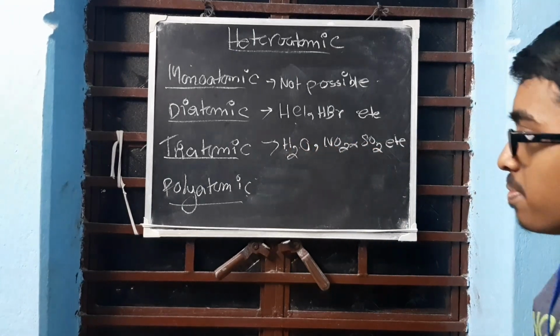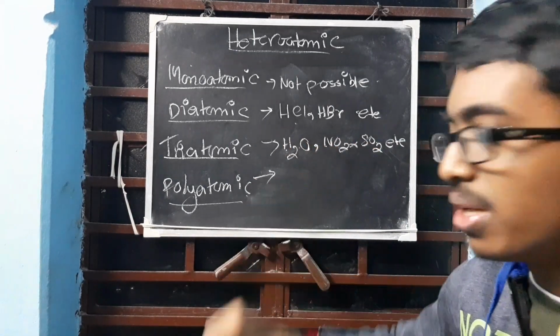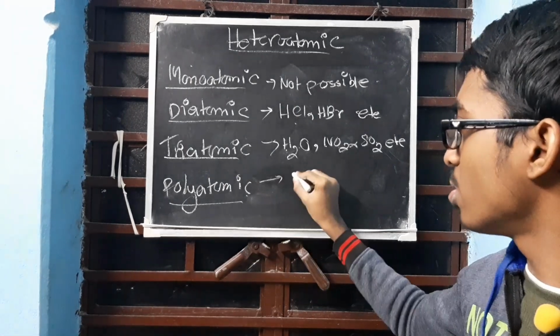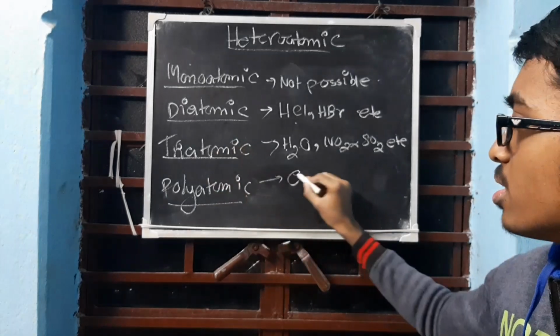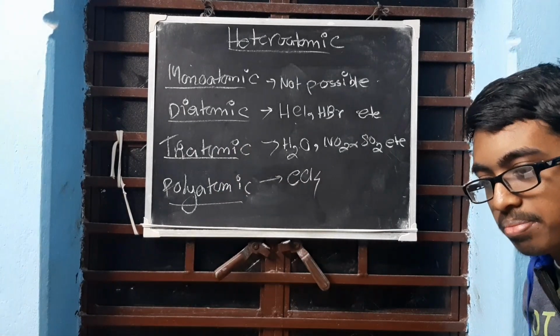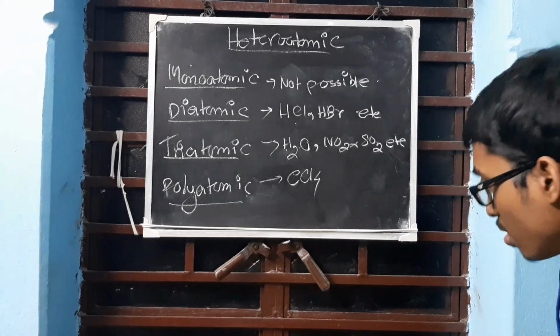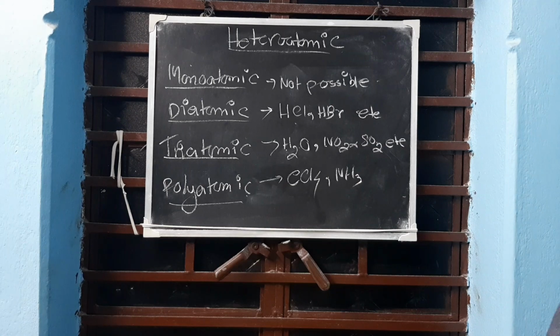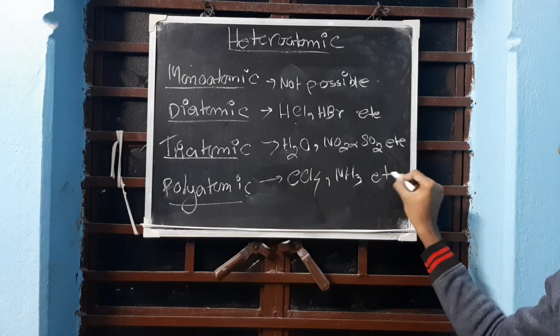Clear? Now polyatomic, you also have many. I am not classifying it as tetra or all that because there are many. Polyatomic falls under this category. If I write CCl4, it has 5, penta. If I write ammonia, it is tetra. So there are a lot of categories like this, so I am not mentioning everything.